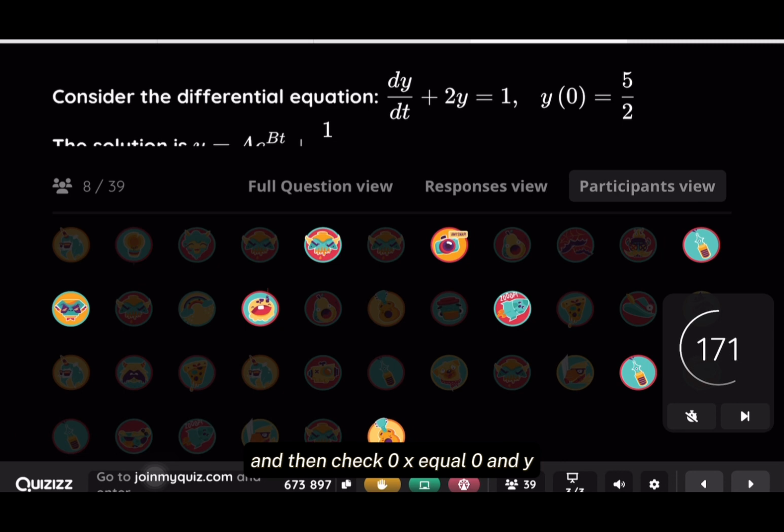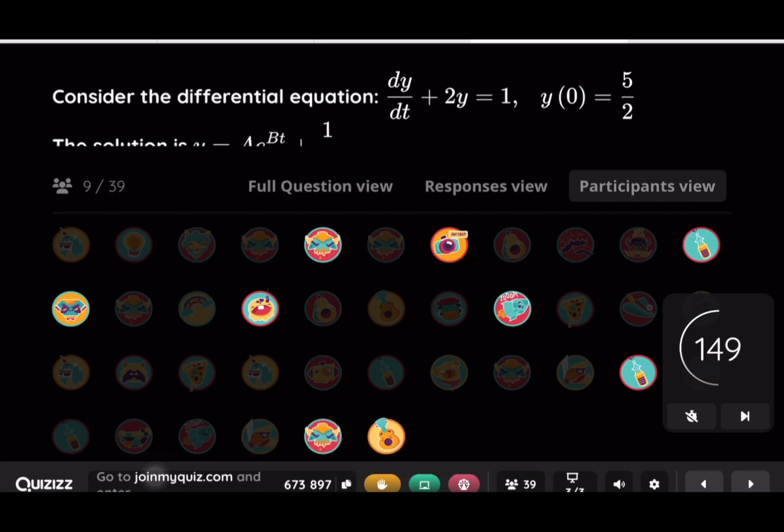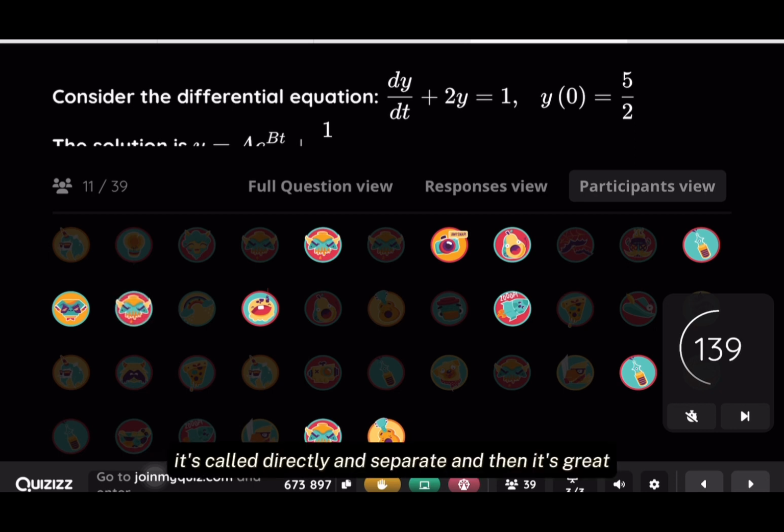And then check x equals 0, and y equals 5 over 2. If you want, you could also try using the linear equations, but it takes too much time. I think it's separable. It's solved directly. You can separate and then integrate.